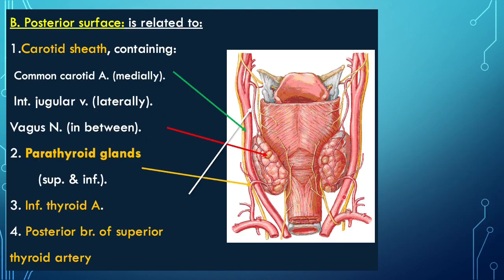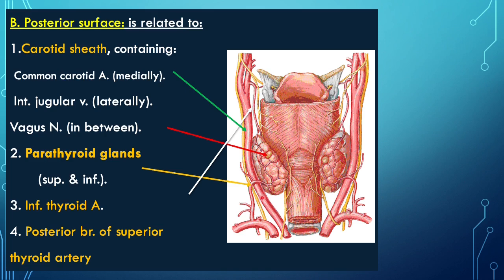What are the structures seen behind the gland? We'll find the carotid sheath here, containing the common carotid artery, the internal jugular vein laterally, and in between the vagus nerve. Also, behind the gland, we have the four pinhead-sized glands named the parathyroid glands.